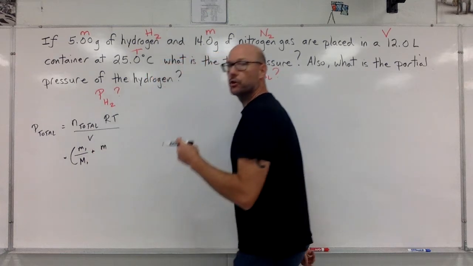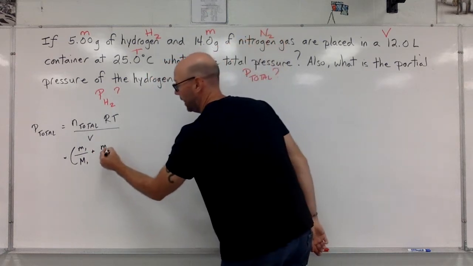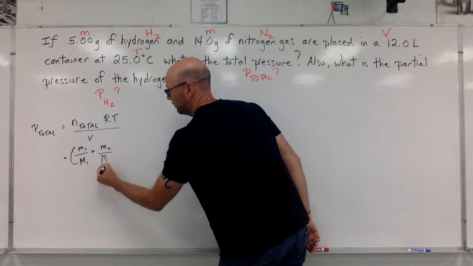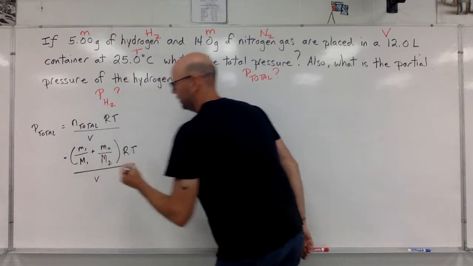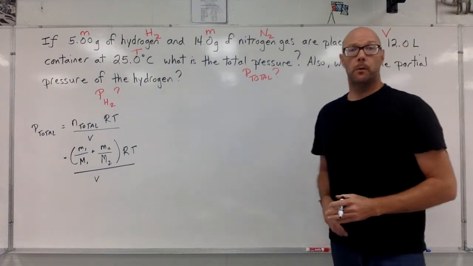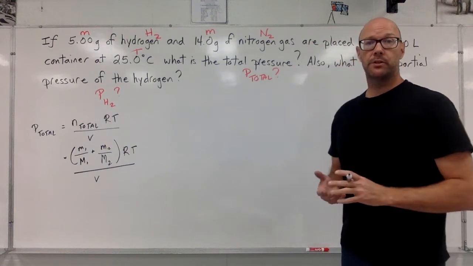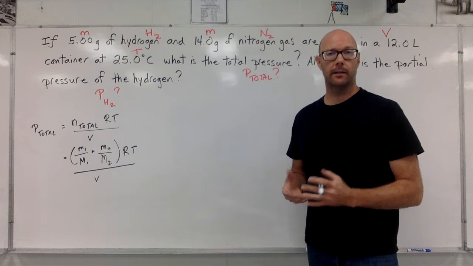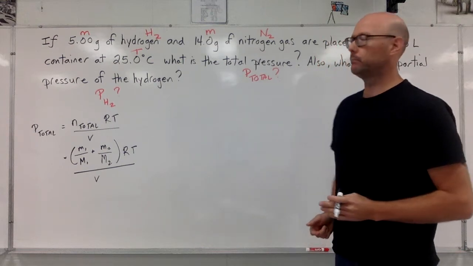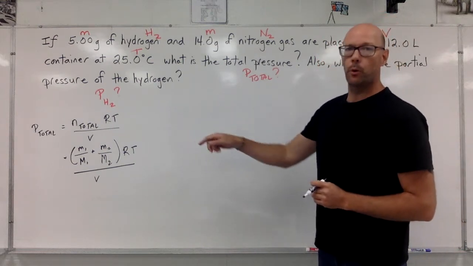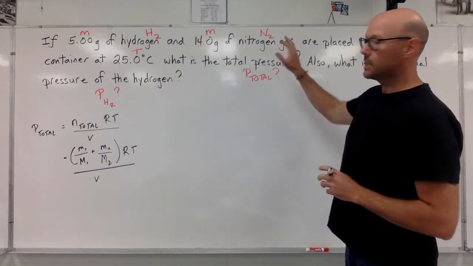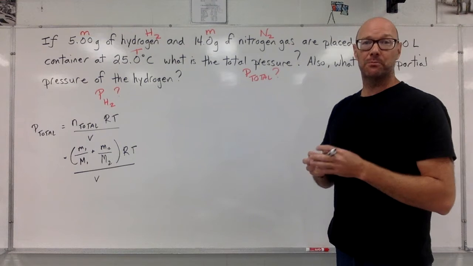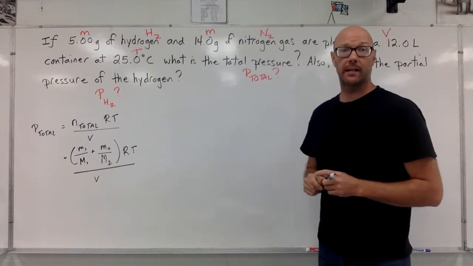The first mass over the first molar mass, and then the second one, RT over V. So it's going to be pretty loaded up with numbers, and it's a real challenge with our calculator. However, still okay. So we have mass over molar mass twice. One time for the hydrogen, one time for the nitrogen, and we're going to add them together in those brackets.